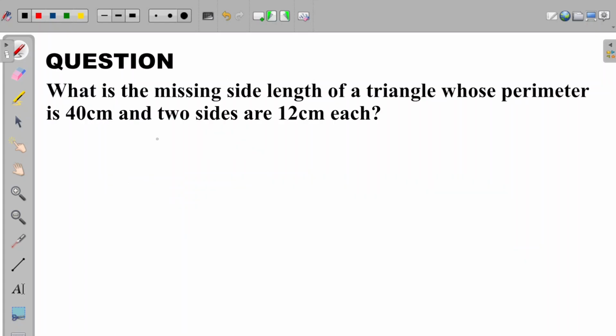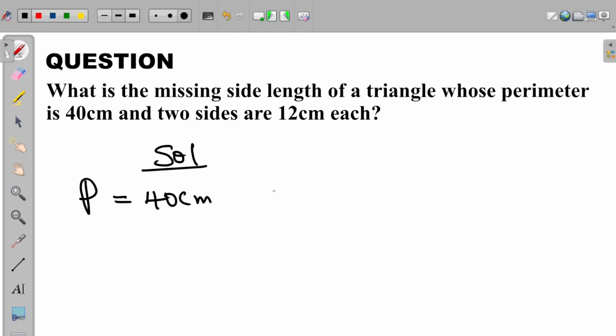Now, the next question says, what is the missing side length of a triangle whose perimeter is 40 cm and two sides are 12 cm each? We are given that perimeter is equal to 40 cm and the two sides are 12 cm each.